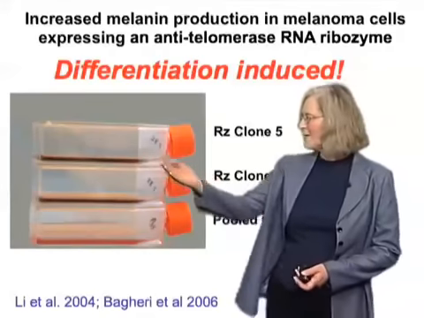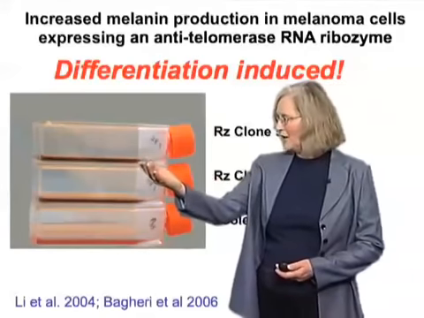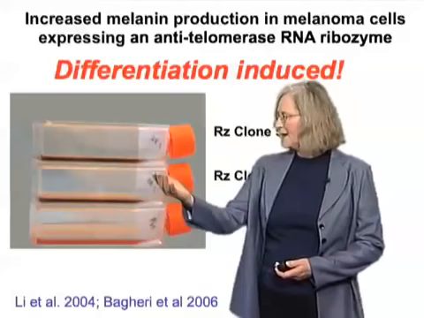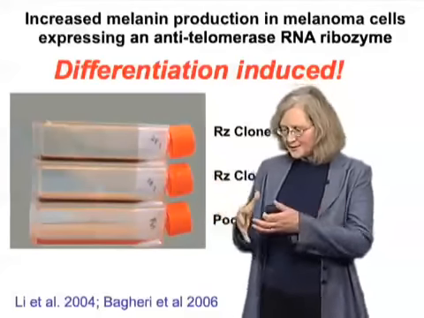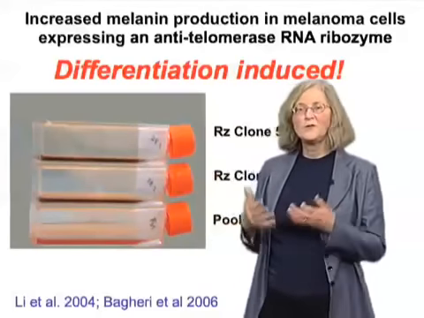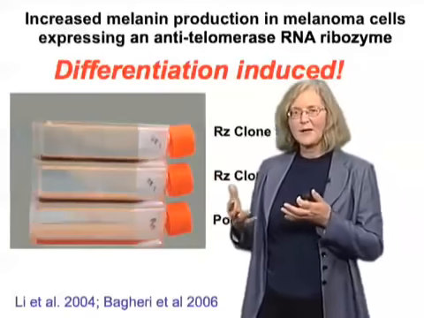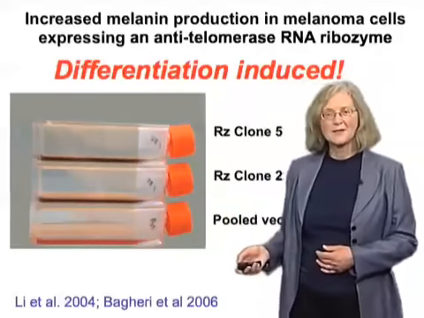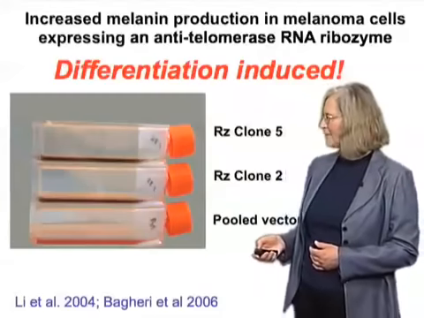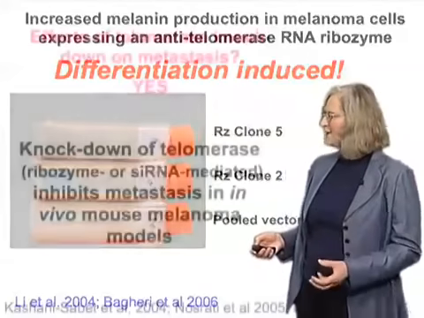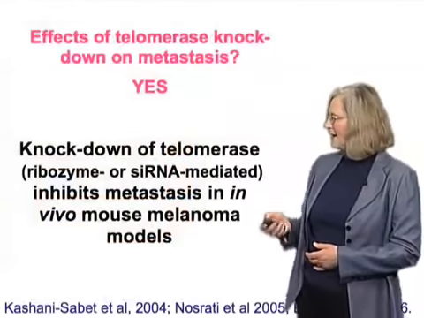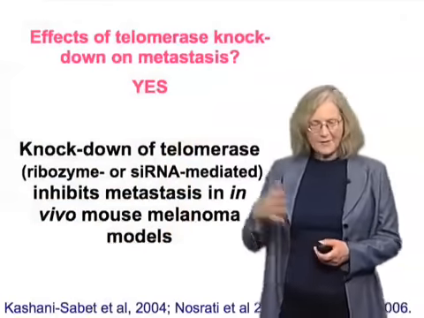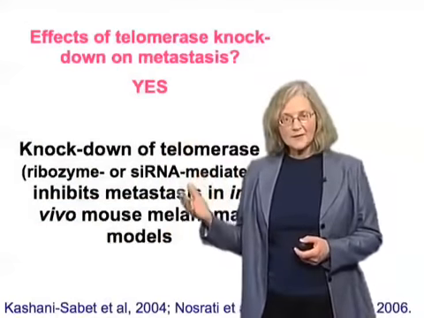These cells became more like their normal counterpart cells. It was as though they were more differentiated. They looked more dendritic in form, as though they had become less cancerous. And indeed, their gene expression profiles had changed. So knocking down telomerase RNA also made these cells less invasive.